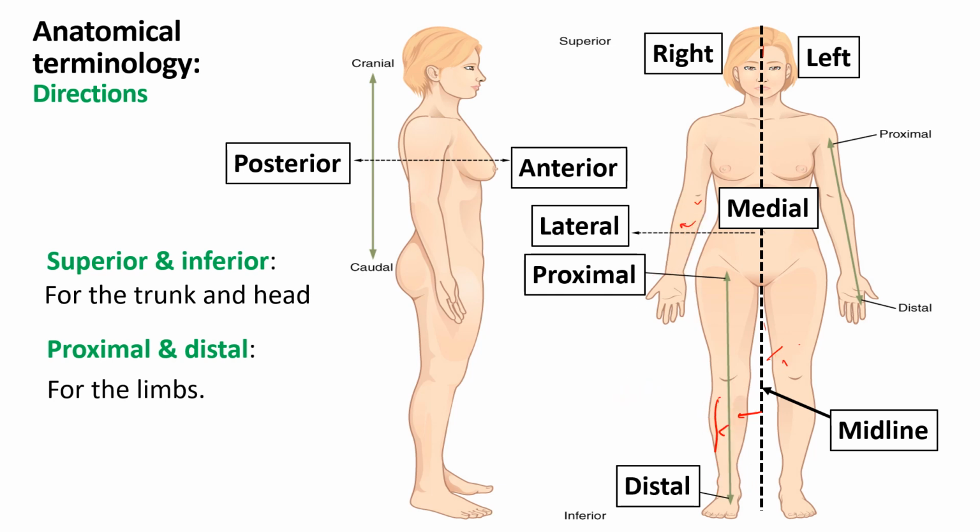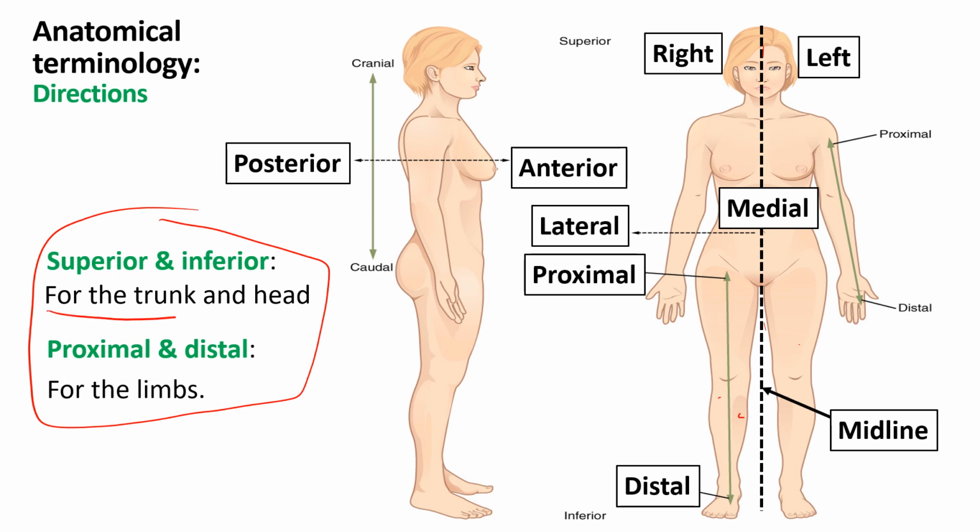All right, let's move on to the terms superior, inferior, proximal, and distal. It is important that we only use superior and inferior when we try to compare structures that are located in the trunk or the head.